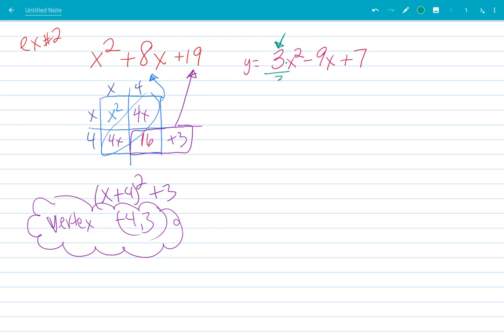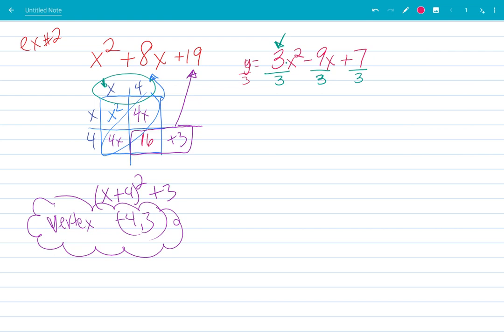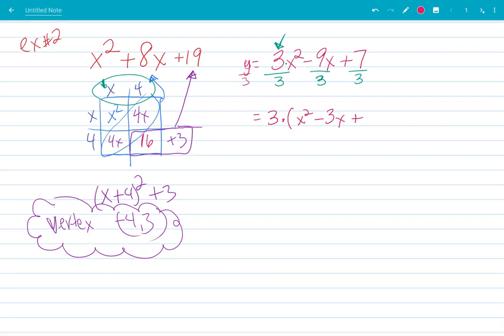Divide. So we divide everything by 3 first, because we need twins. Remember, twins don't have an extra number here. So we're going to divide by 3, and you're going to get x squared. 3 times x squared minus 3x plus, you know what, let's change that 7 to 21 just to make it easy for my example.